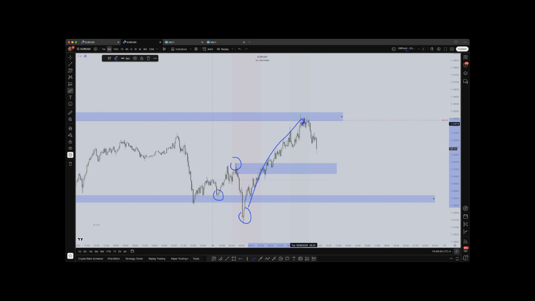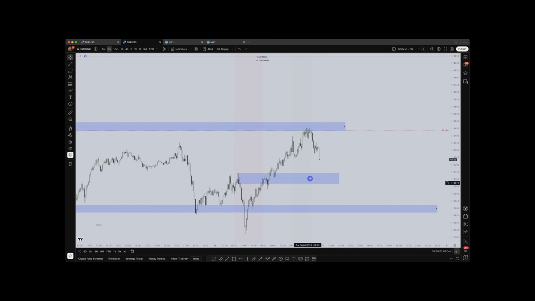And once price comes back to this level, which was the previous high, this area is the breaker. And what happens when that occurs? You are searching for a long. Okay, so this is a bullish breaker.